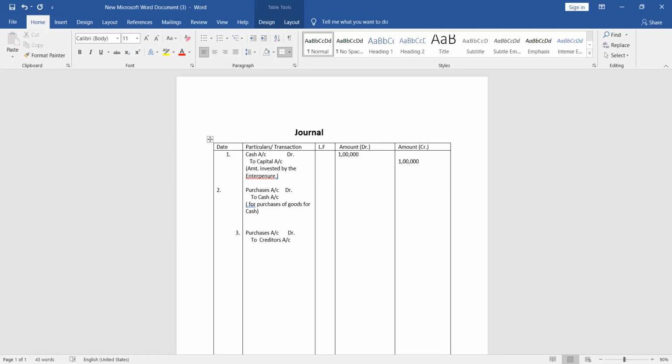So creditor account will be credit because the creditor is the giver to the business. And purchases, goods are coming to the business. So purchases account debit. This entry is to be posted for purchases of goods on credit.